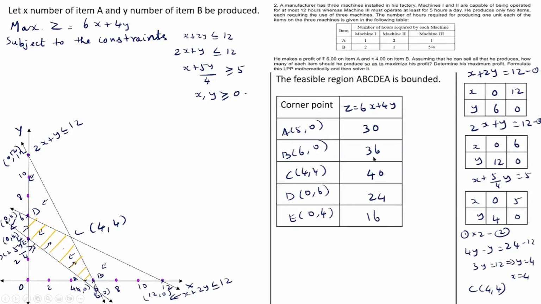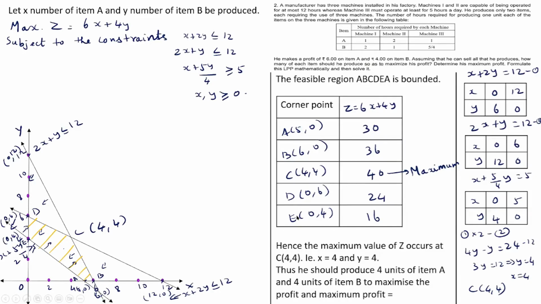So here among all these, the maximum value is 40. So the maximum value of Z occurs at C (4, 4). So here we have the result. Hence the maximum value of Z occurs at C (4, 4), that is x is equal to 4 and y is equal to 4.